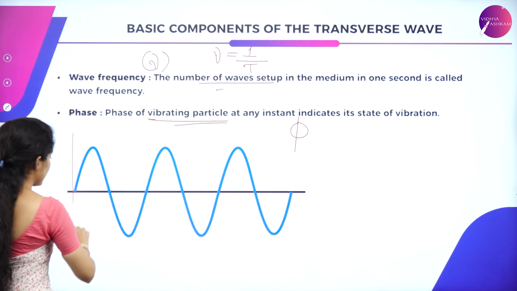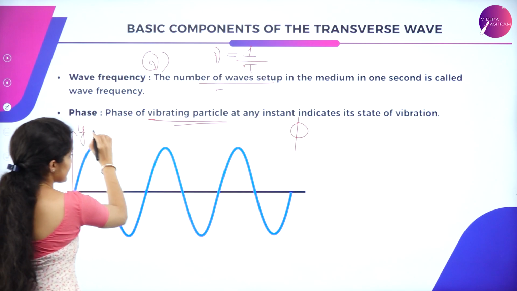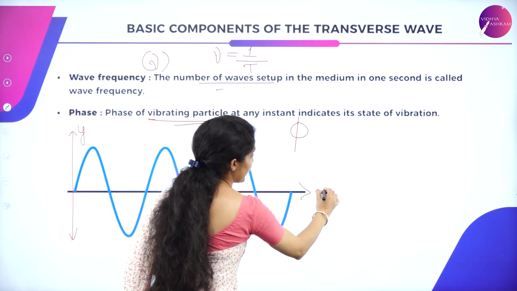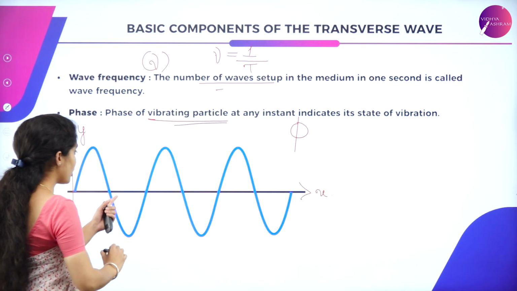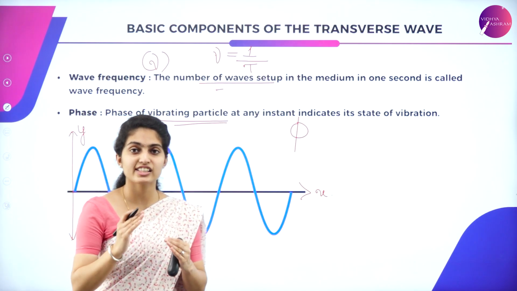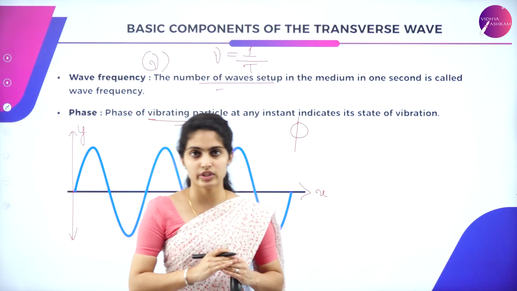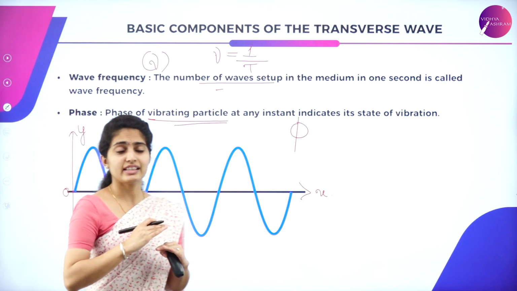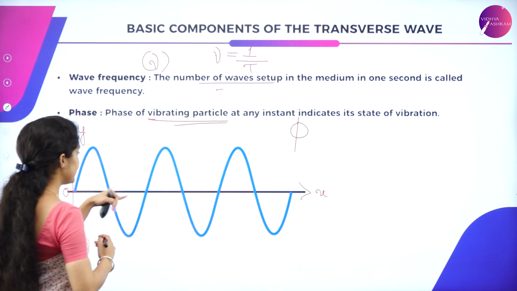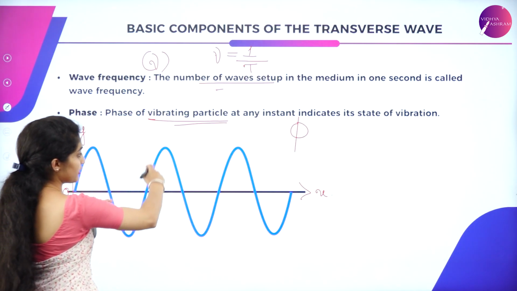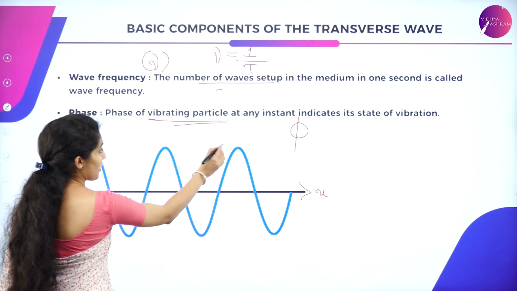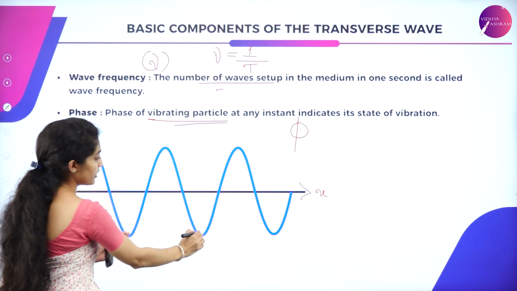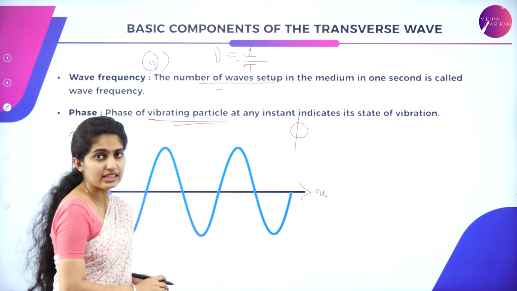Here, if this is your y-axis and this is your x-axis, the x-axis is the mean position or equilibrium position, which has the value of origin, O. It is at the initial condition at this line. If this is a transverse wave, these parts are your crests and the lower valley points are called troughs.